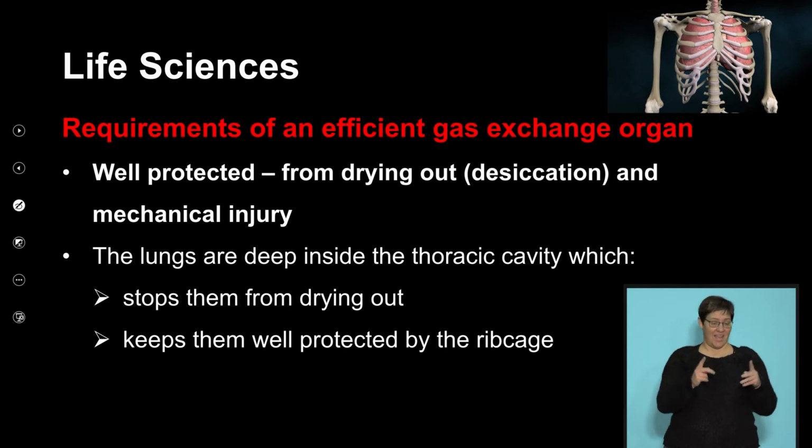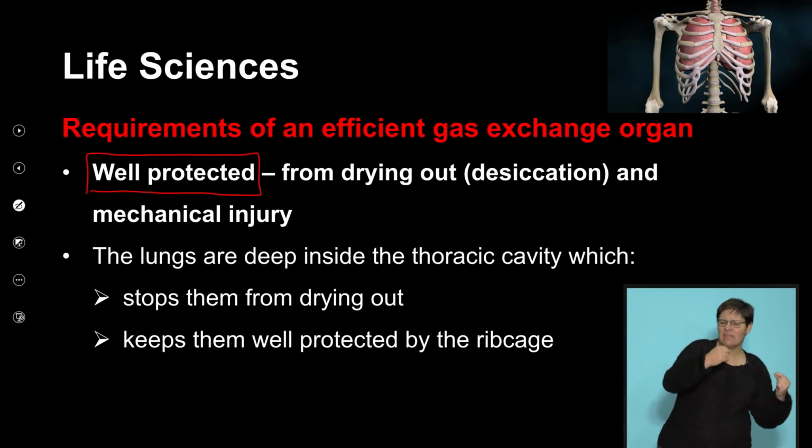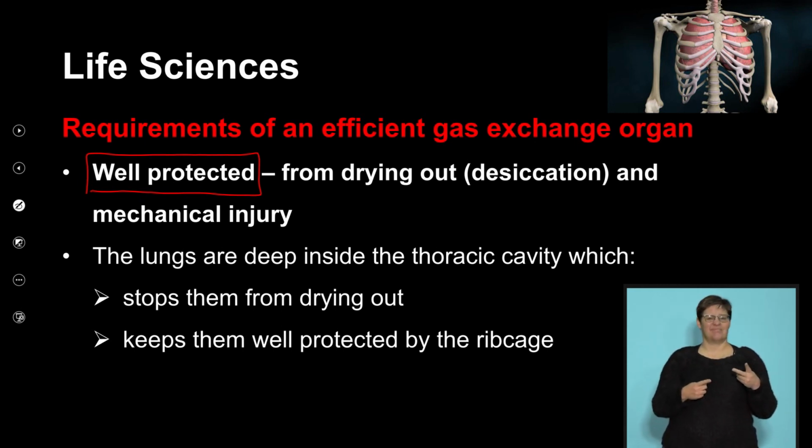All right, guys, so the last requirement is this whole concept of a well-protected gas exchange system. And we definitely have a well-protected one. As we saw with a few of the other organisms, a leaf, the earthworm didn't really have one, and neither did the fish have a very well-protected one.